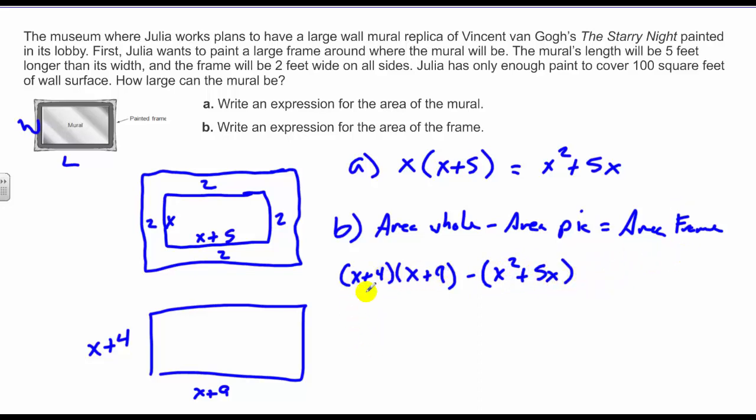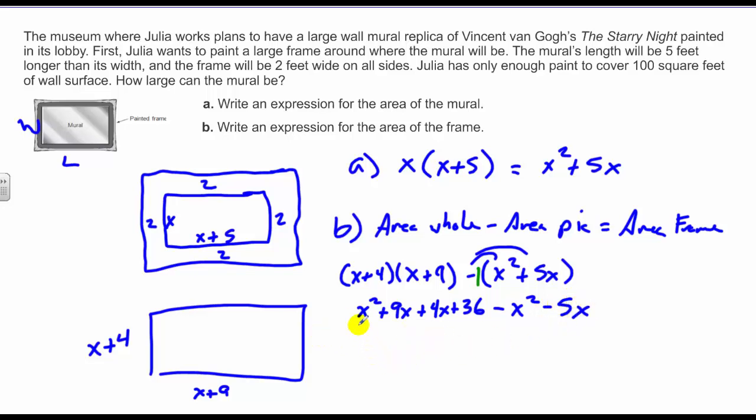I'm going to need to FOIL this. So it's x squared plus 9x plus 4x plus 36. Then I'm going to subtract this next term, which means subtracting each term inside, or multiplying by that imaginary -1 to both, which gets me a minus x squared and a minus 5x.